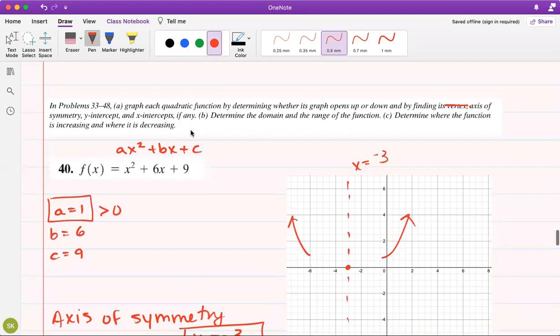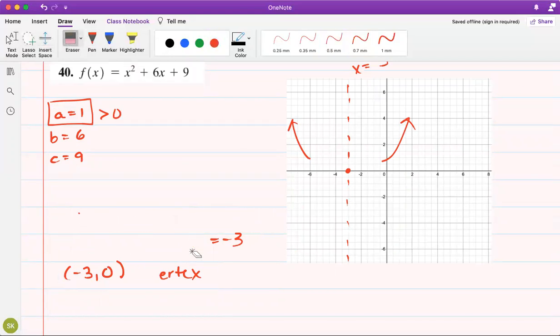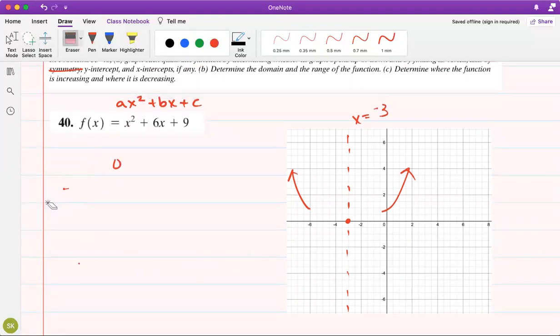So we've done that. Let's find the y-intercept and the x-intercepts. Okay, so I'm going to erase this, and let's focus on the x-intercepts. So remember, x-intercepts is where we plug in 0 for y.